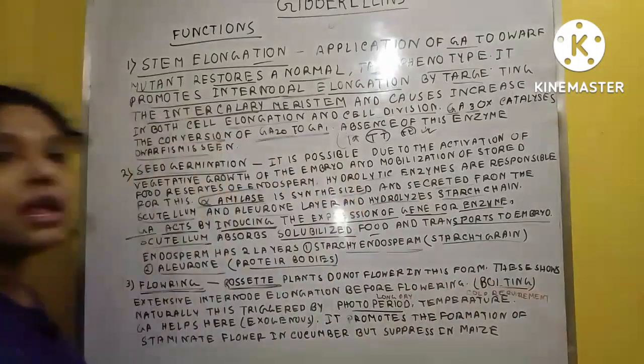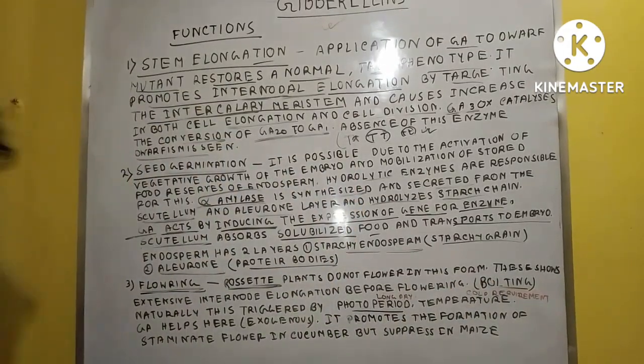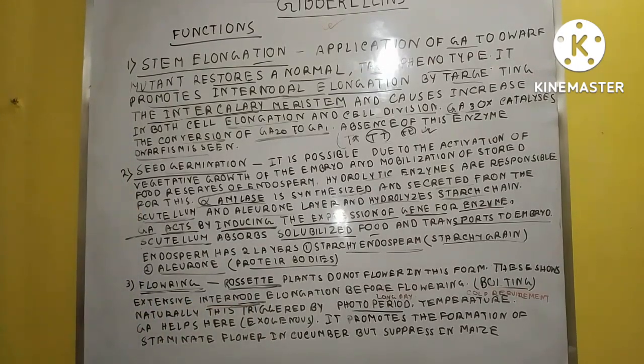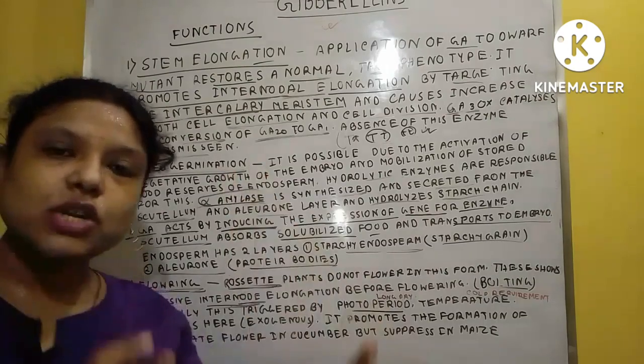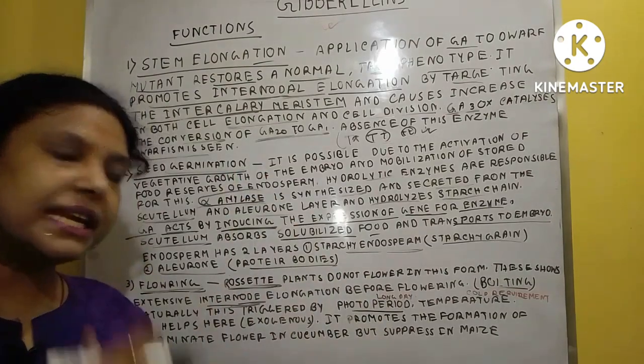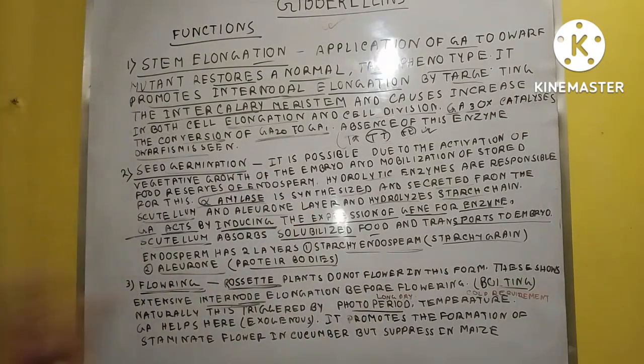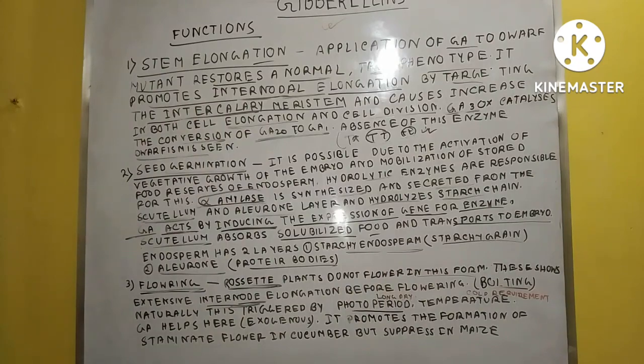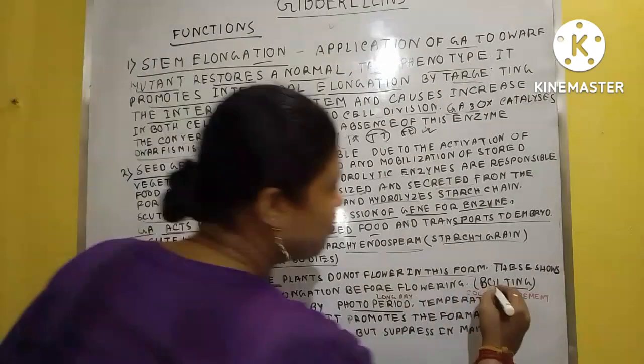What is bolting? Before flowering, elongation of the internode occurs. If the internode is elongated at an increasing level, you can see the rosette type of system of this type of plant. And this type of formation is called bolting.